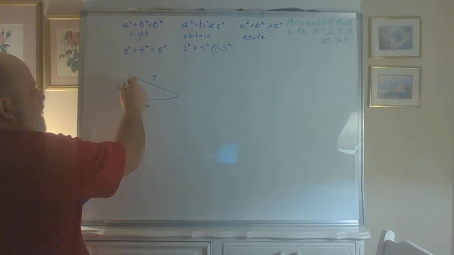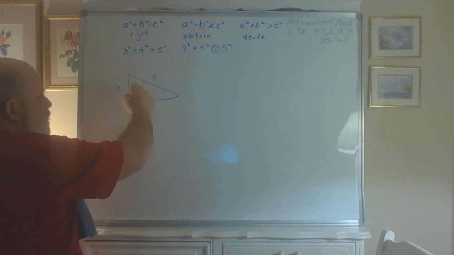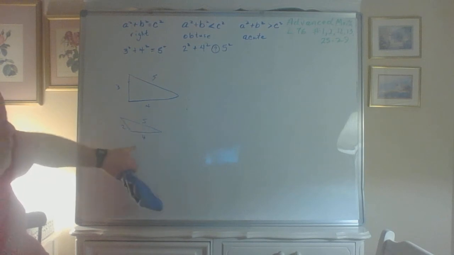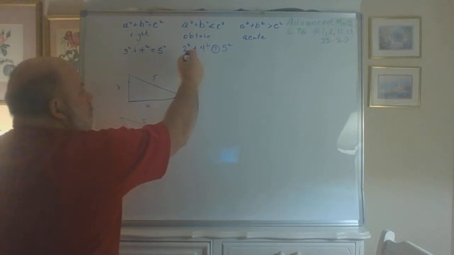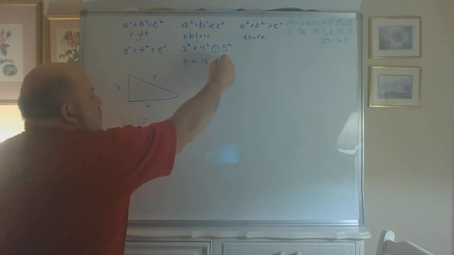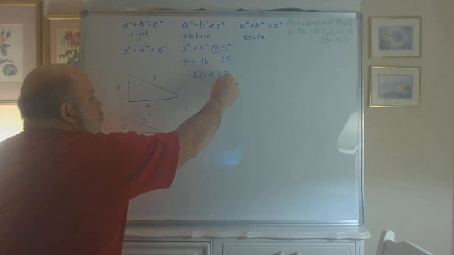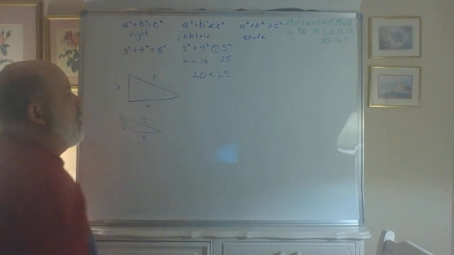If I make this side shorter and bring this hypotenuse down, that side has to stick out further. Now that's only 2, 4, 5, and you've made an obtuse triangle. 2 squared is 4, 4 squared is 16, 5 squared is 25. 20 is less than 25, so that's an obtuse triangle.